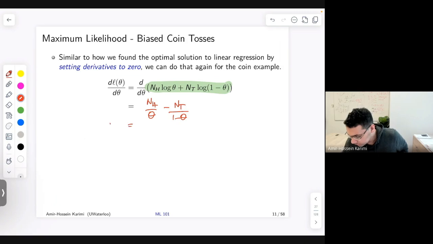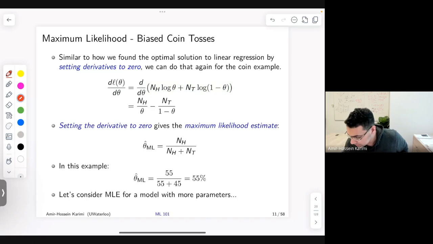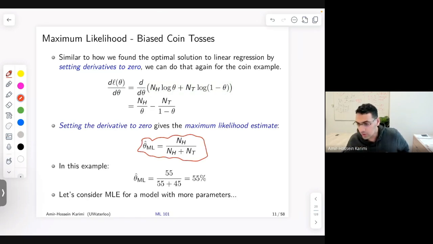We want to set that to 0, and this gives us some expression, which I'll save you the time of deriving, which ultimately gives the best value of theta resulting from setting the derivative of the log likelihood to 0.